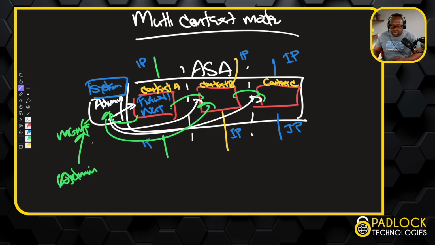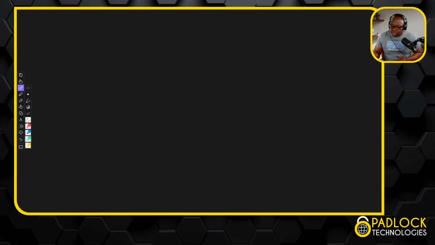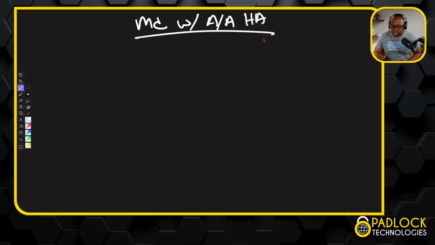So what does multi-context mode with active-active HA look like? I'm just going to call it MC with AAHA. So this is multi-context with active-active HA.